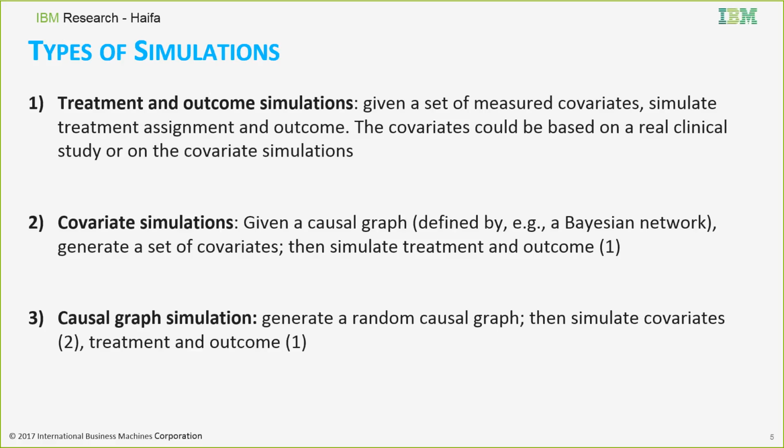Then we can also go one step backward and also simulate the covariates themselves. And finally, we can also simulate the relationships between the different covariates and then simulate the covariates and the treatment assignment.